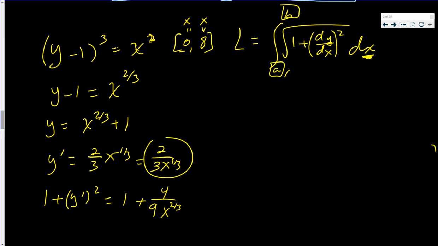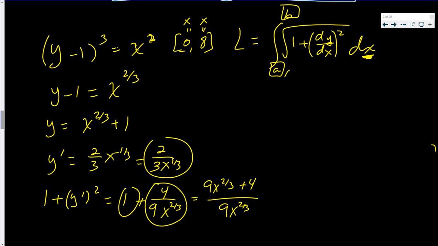Okay. And then I will get a common denominator. 9x to the 2/3. So 1 will become 9x to the 2/3 over 9x to the 2/3. Well, that's 1. Plus 4 over 9x to the 2/3, which is this.